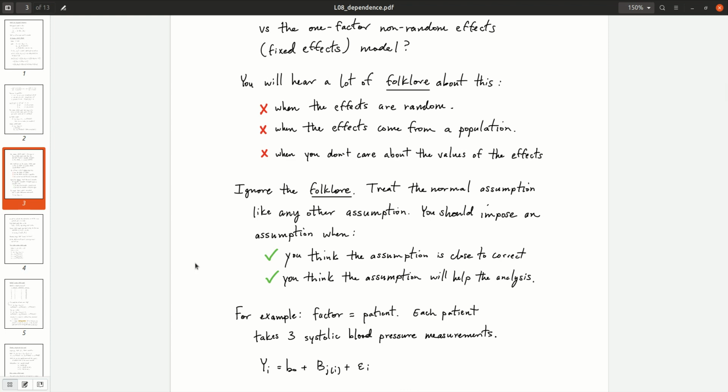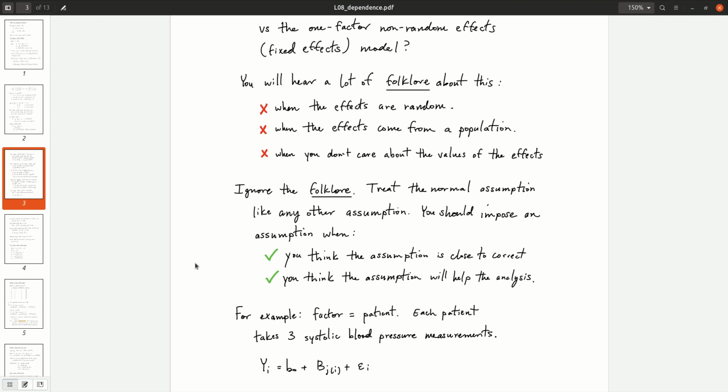For this case, if you think the collection of effects follows something close to a normal distribution. And when you think that assumption will help you somehow in doing the analysis, or it helps you answer the question that you're interested in. That could also be, you think maybe the analysis would run faster if speed is an issue. So sometimes these random effects models are faster to fit when you have a lot of effects.